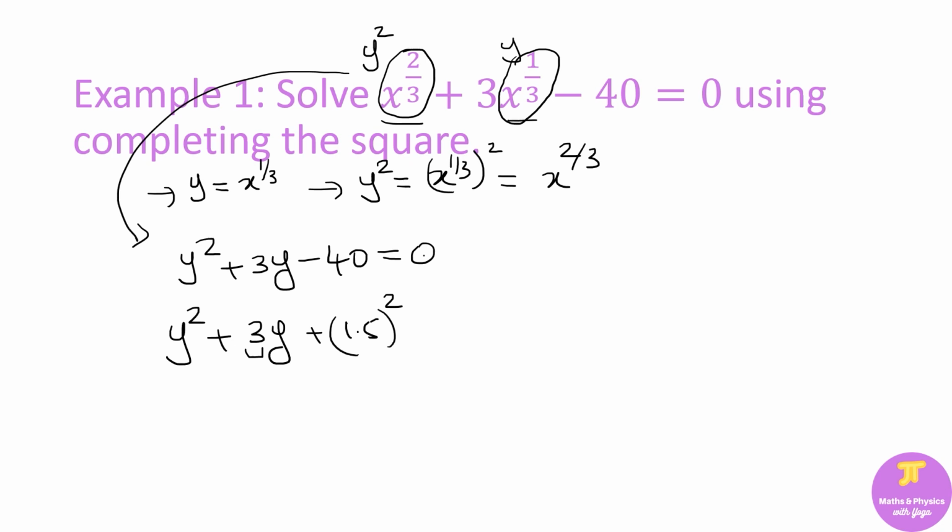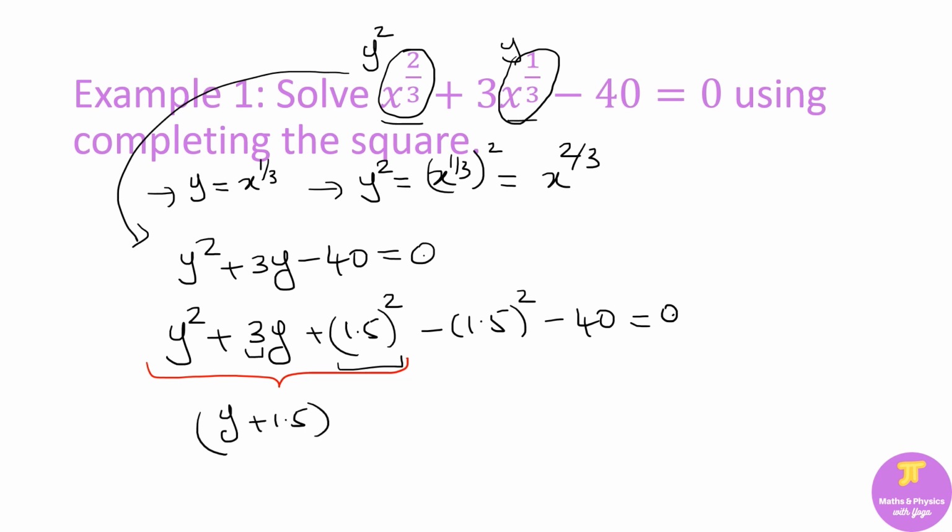Since we added this extra value, we need to subtract the same value, and minus 40 is equal to 0. Now this is in a nice format because this is nothing but y plus 1.5 whole squared. So we have completed the completing the square part.